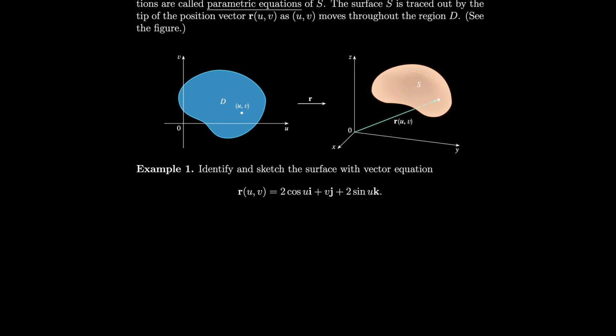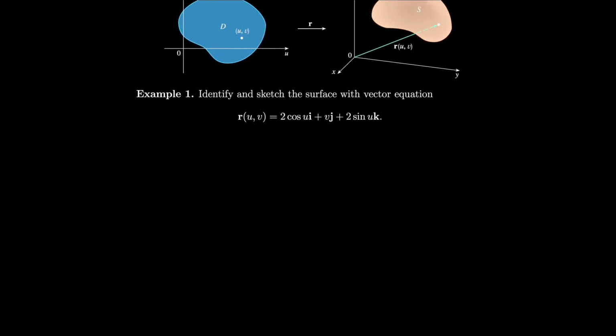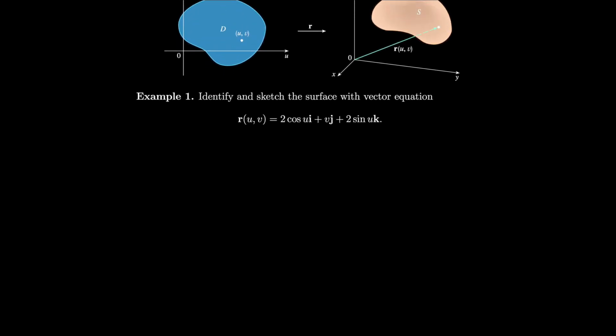As an example, let's identify and sketch the surface with vector equation r(u,v) = 2 cos u i + v j + 2 sin u k. So we say that x = 2 cos u, y = v, and z = 2 sin u.